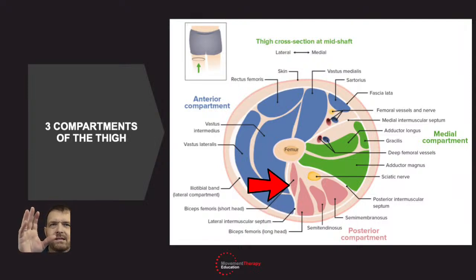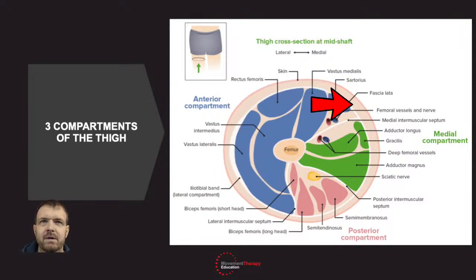So this is like if you imagine a Trivial Pursuit wheel, okay, and you're putting your cheeses in, you've only got 3 cheeses in the thigh. You've got this big blue cheese here, then you've got a little green one, and then a little pink one there. You've got the history one there. I'd never ever choose pink on Trivial Pursuit. So we've got this bit here all the way around there, and then that immediately attaches to the femur.